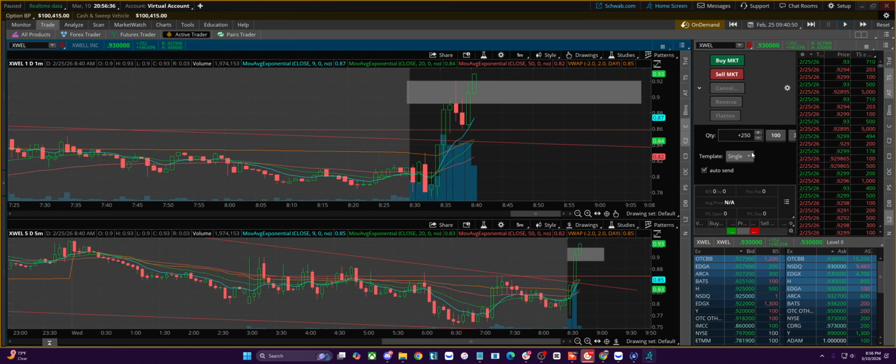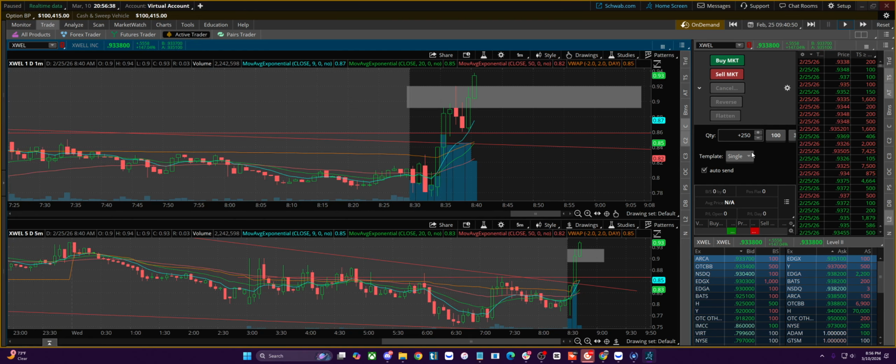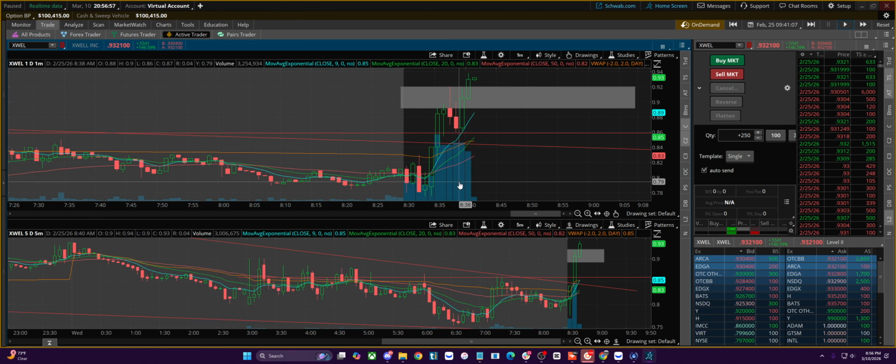There it is. So now we have a full body candle above this previous high. What I want to see here is a strong candle close over this rejection candle. And again, I want you to really see what's happening here. Look at this candle close. Boom. So now what happens here?